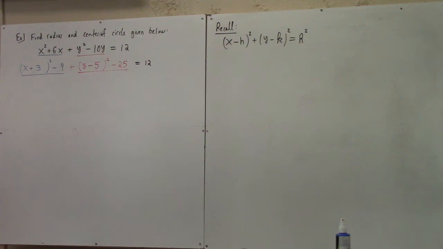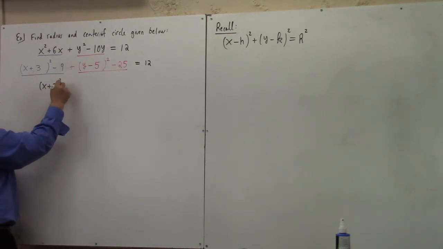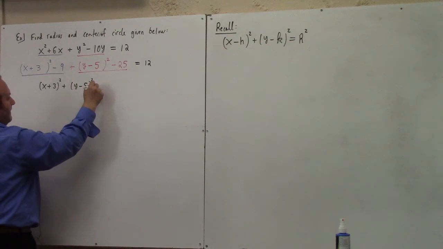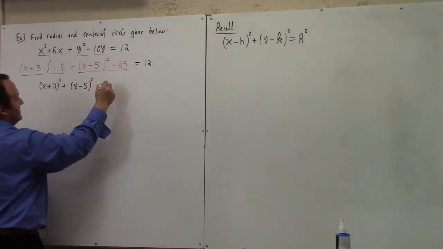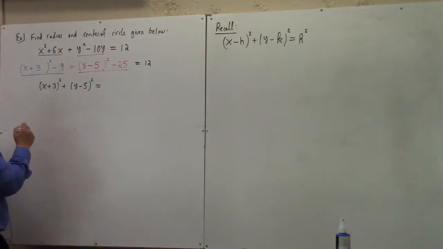Let's see here. So we need to add 9 and add 25 to both sides, right? What does that give us? What's 9 plus 25 plus 12? I heard a 46.